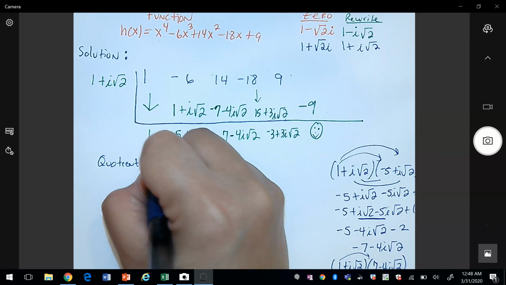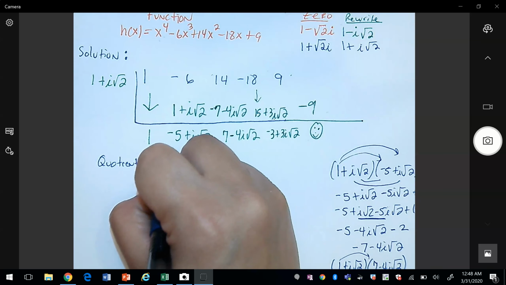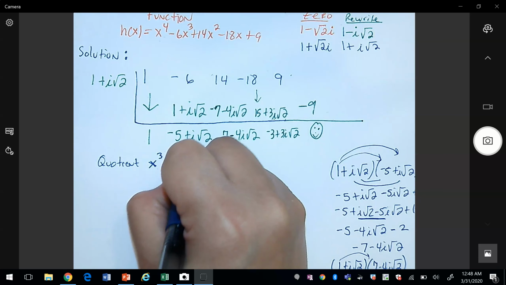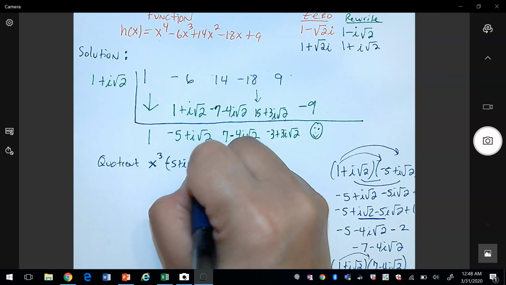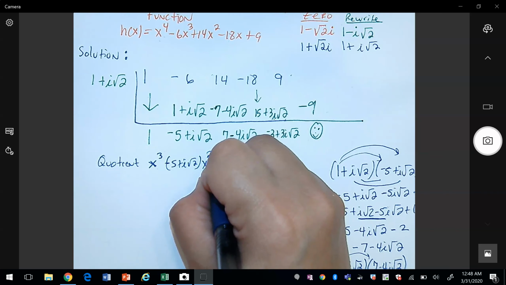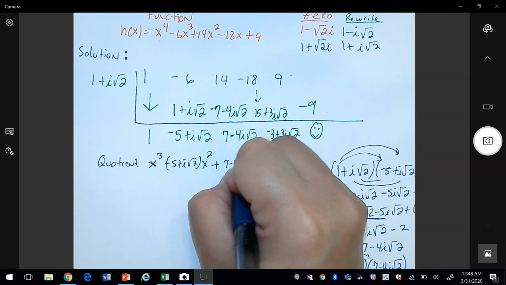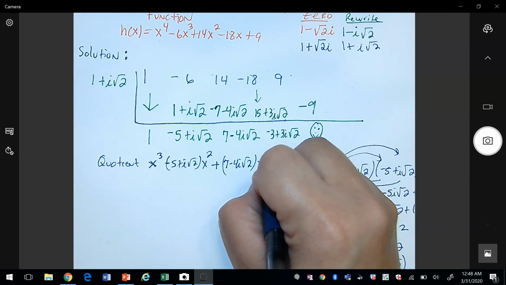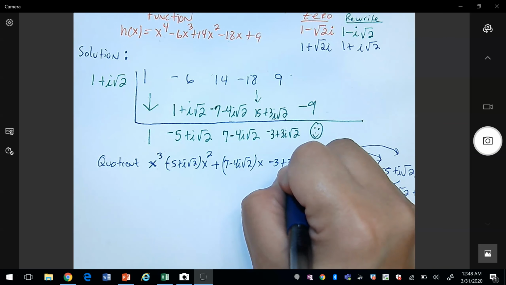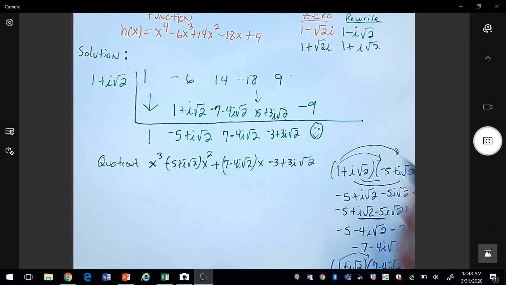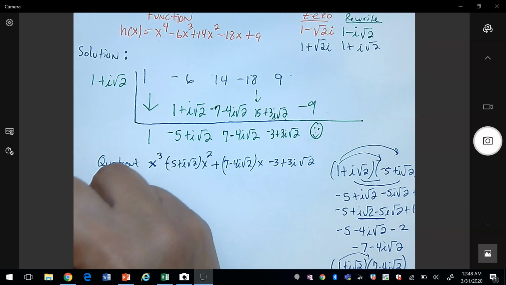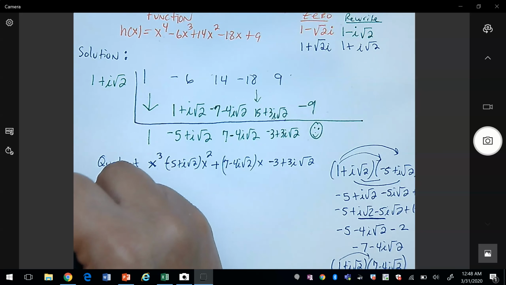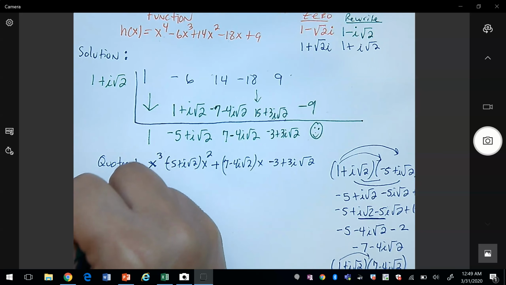x cubed minus 5 plus i square root of 2 x squared plus 7 minus 4i square root of 2 x minus 3 plus 3i square root of 2. And so we're going to divide by 1 minus i square root of 2.